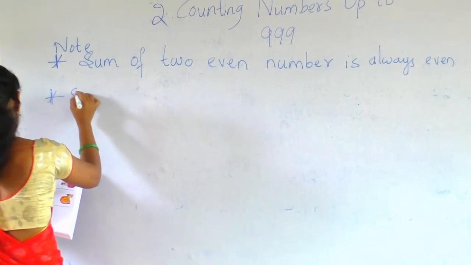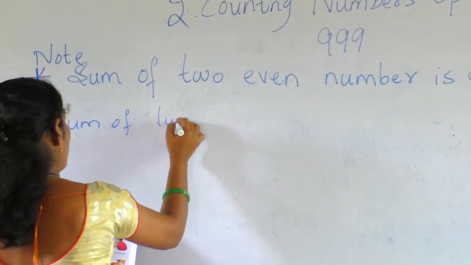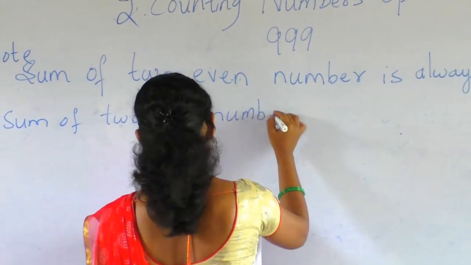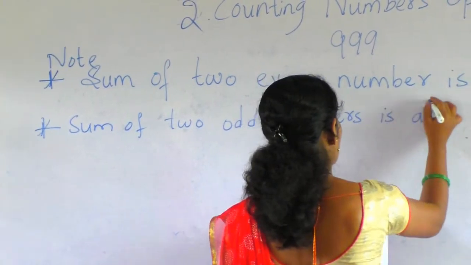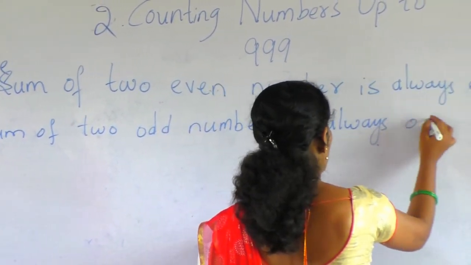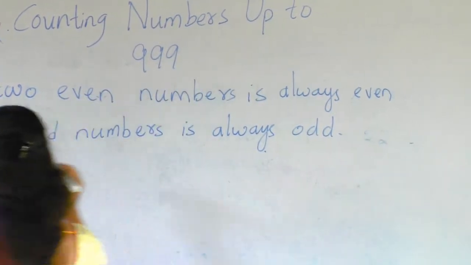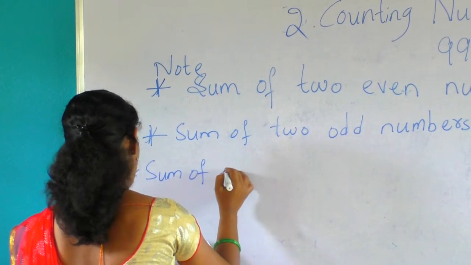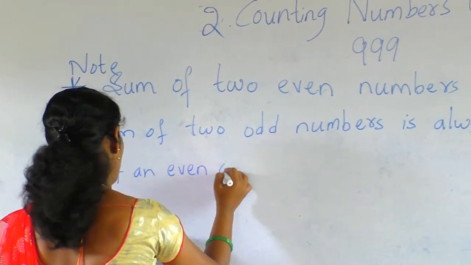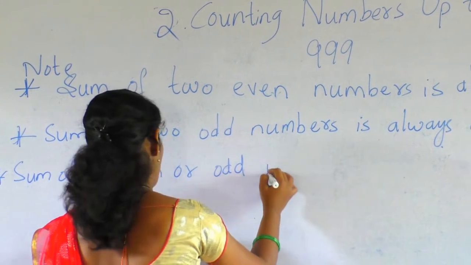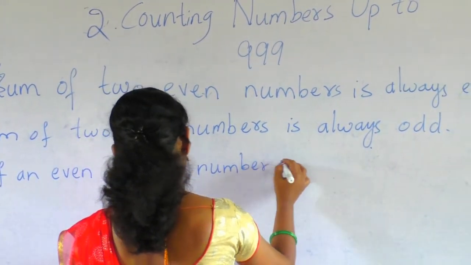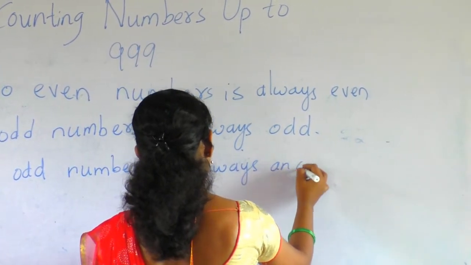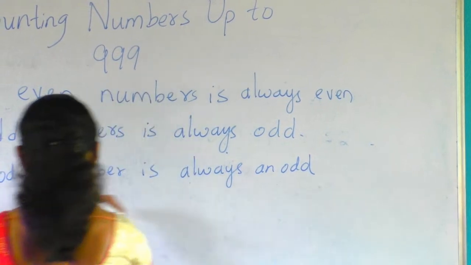Second, sum of 2 odd numbers is always odd. Next, third point, sum of an even and odd number is always an odd number.